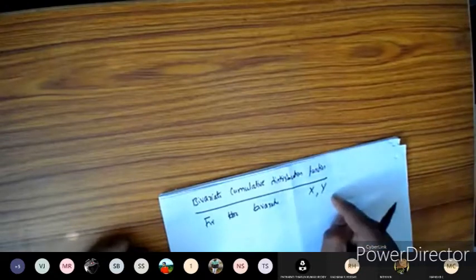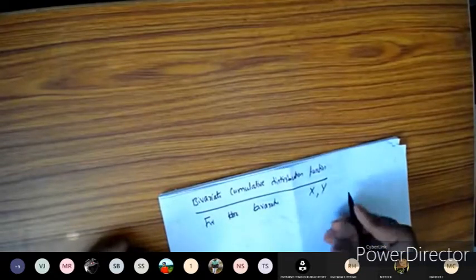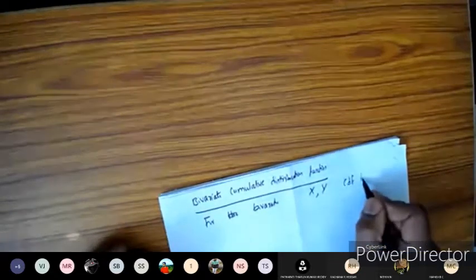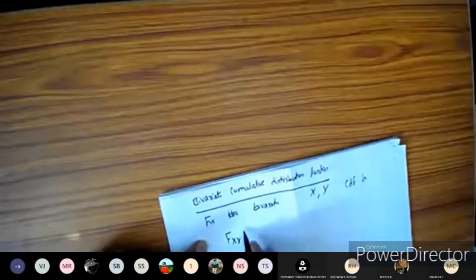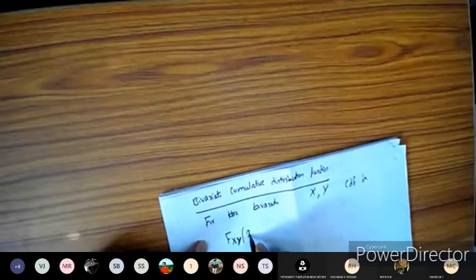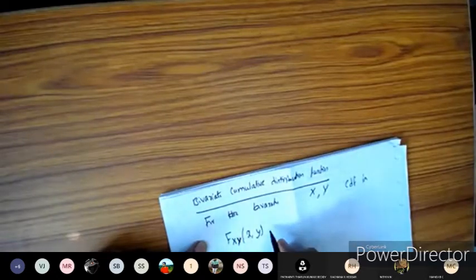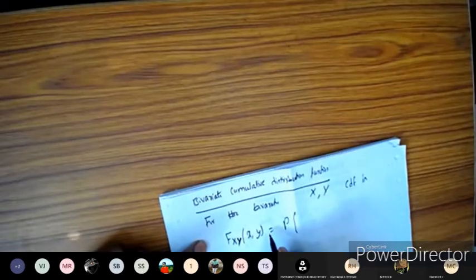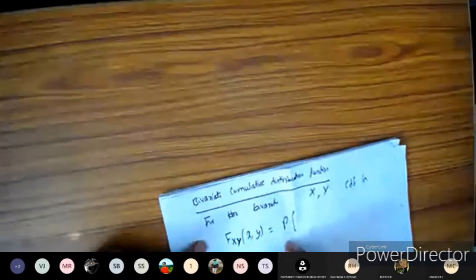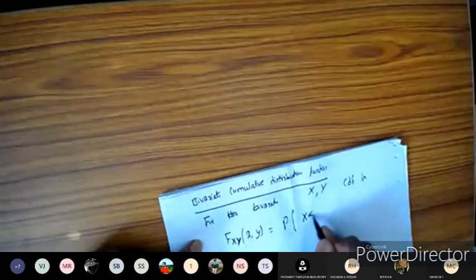For the bivariate random variable X and Y, the CDF is defined as follows. Since there are two random variables, we call it a joint random variable.